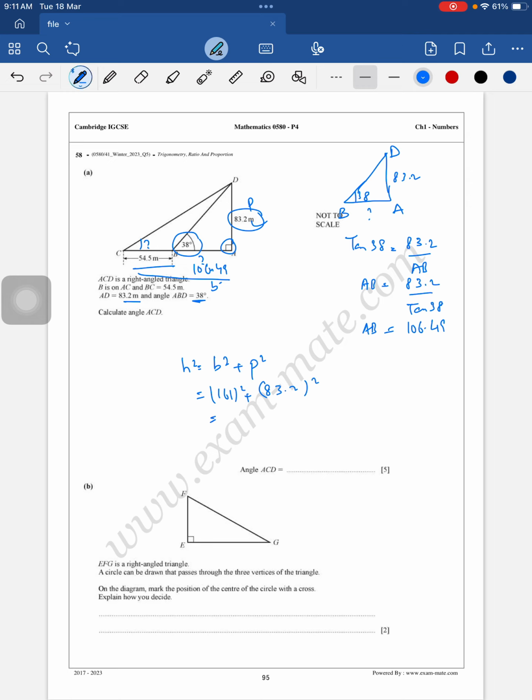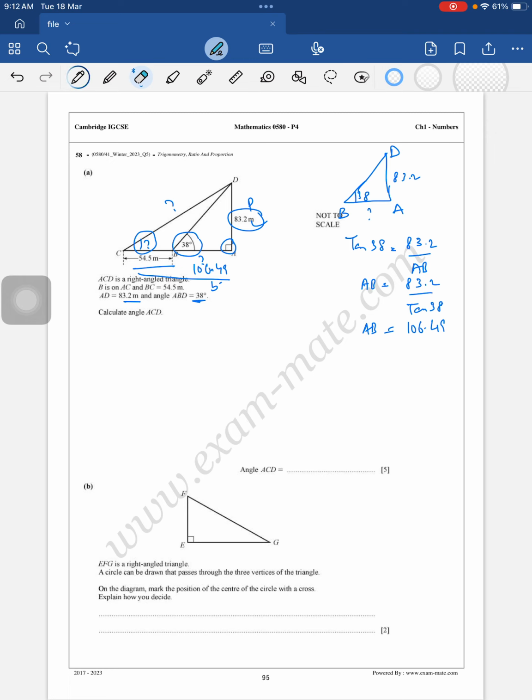So 161 square plus 83.2 square. But we are finding this angle, so we don't need to find the hypotenuse. That is not needed, right?